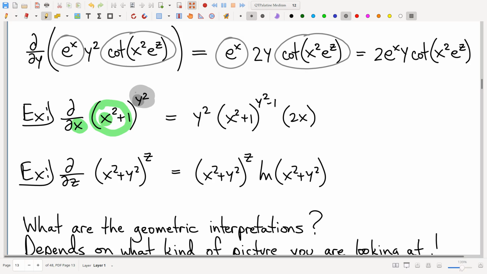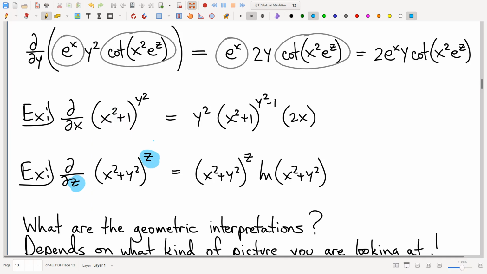This is function to the power of a constant. And then you have the chain rule combined with, I guess we'll call it the power rule, right? So the old news as to how you deal with this. Everybody happy? Okay.